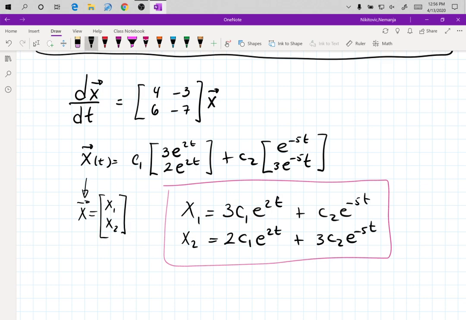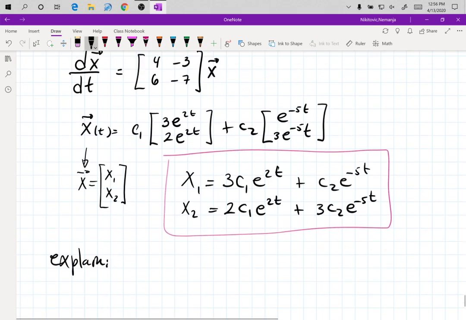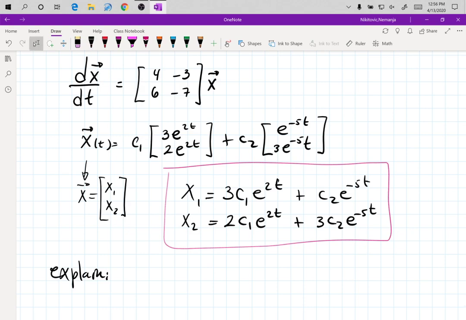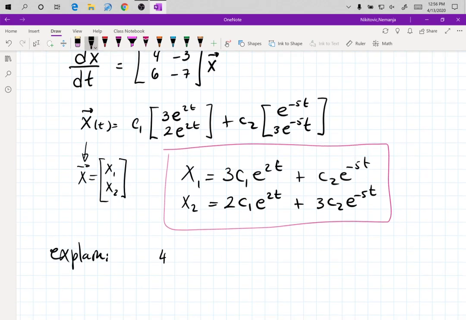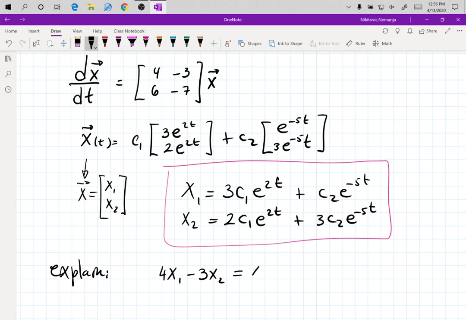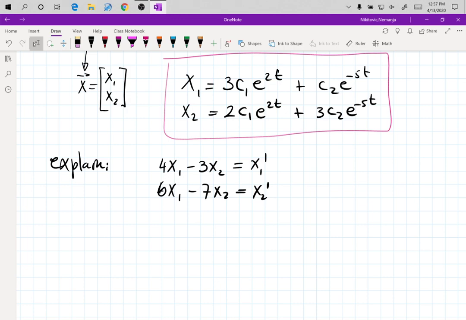Okay, so now how does this work? You are starting with a system: 4x1 minus 3x2 equals x1 prime, and 6x1 minus 7x2 equals x2 prime. So this is where you started. If you don't like x1 and x2, go ahead, use x and y, right?